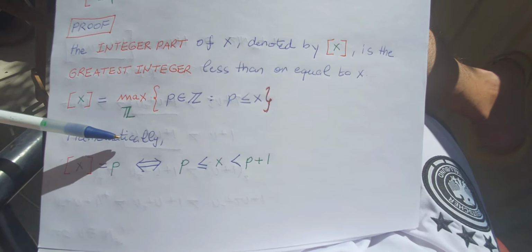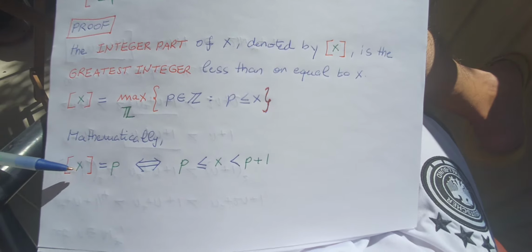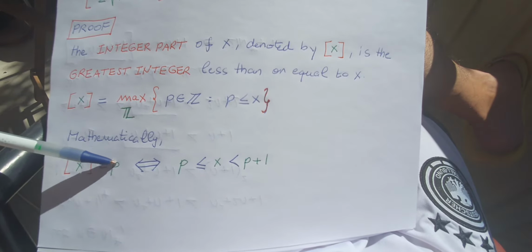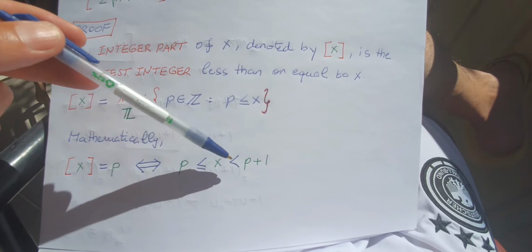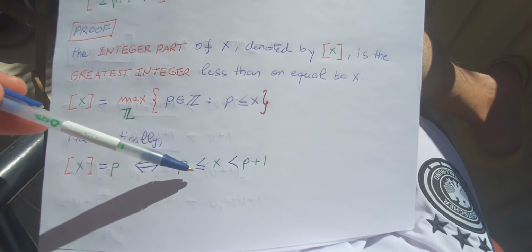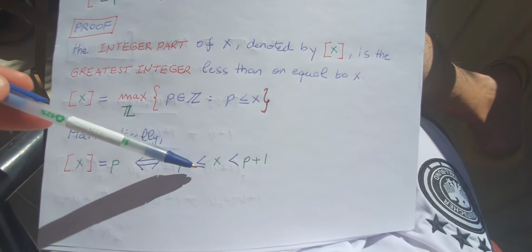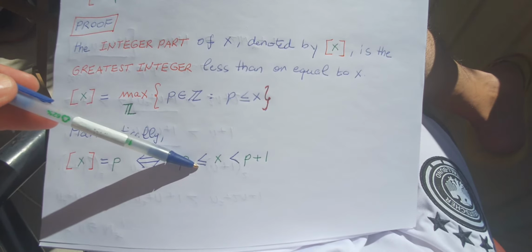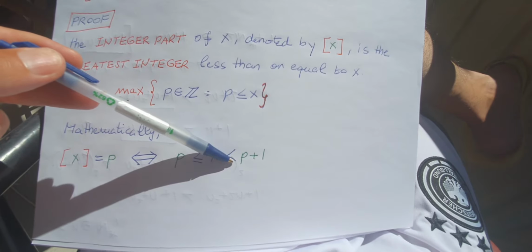Or, in more precise mathematical terms, the integer part of x is equal to p if and only if x lies in this interval. And we can see here that we have an equality sign on the left hand side here, but no equality sign on the right hand side here.